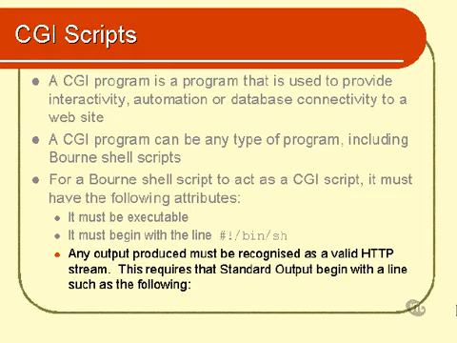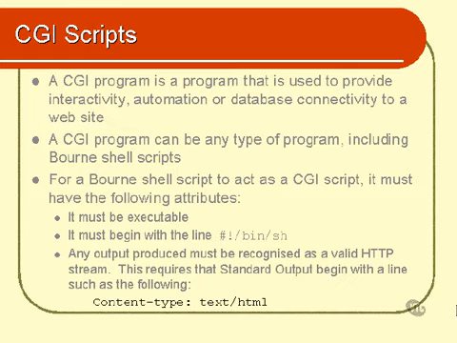Now, what this essentially means is that the output must begin with a line that looks like the following: content-type, space, and then whatever content type you're attempting to produce. Whether you're attempting to produce HTML or just regular text is completely up to you, but you must put that at the beginning of your standard output.